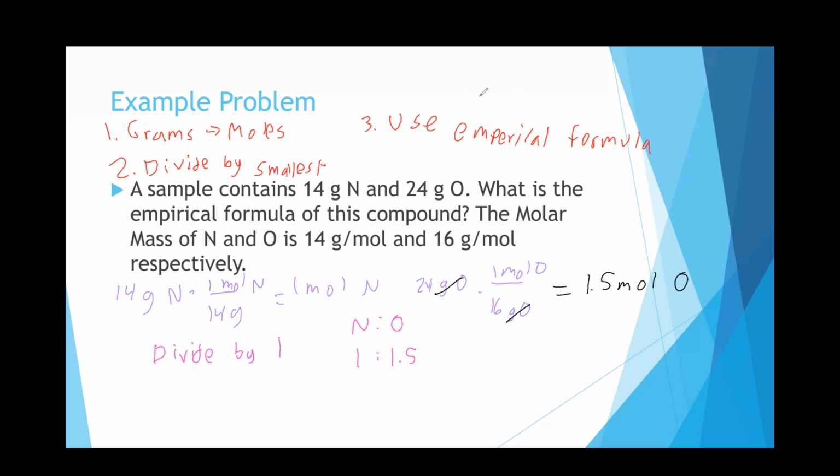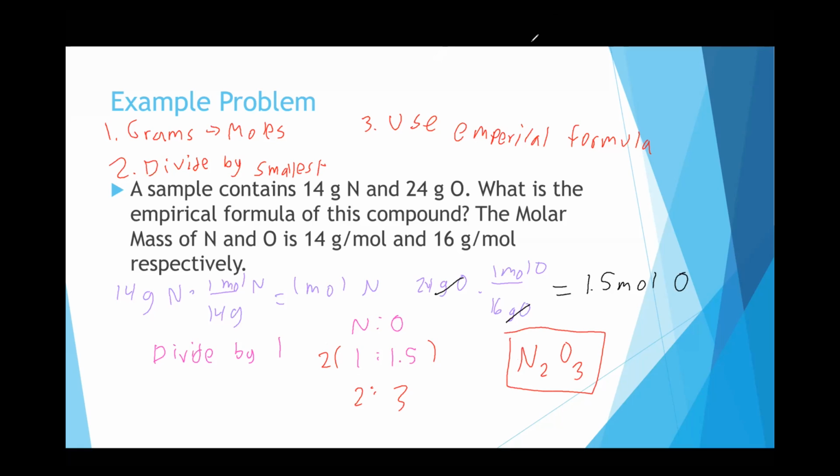Multiplying by 1 doesn't work. So let's try multiplying by 2. 2 times 1 is 2 for nitrogen, and 1.5 times 2 is 3 for oxygen. Yep, it works since they're both whole numbers. So now we can put it into the empirical formula N2O3. And that is indeed our answer.